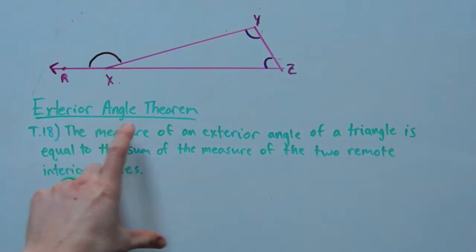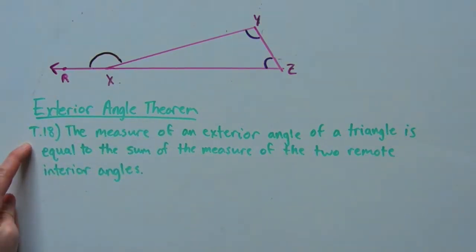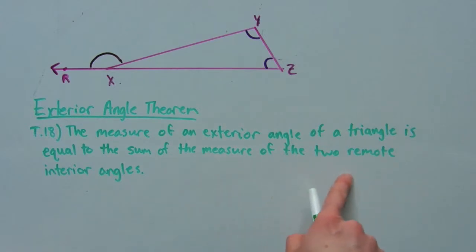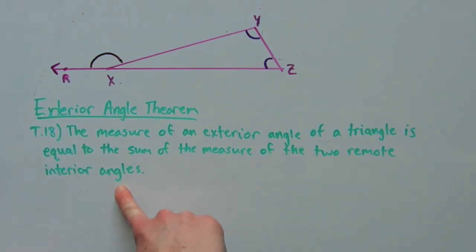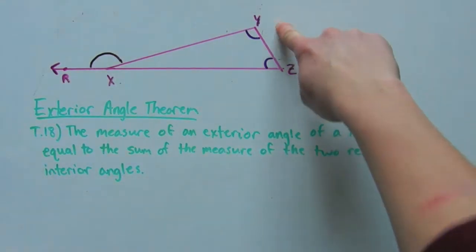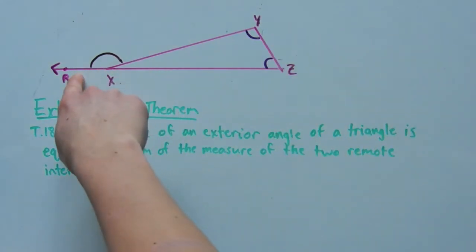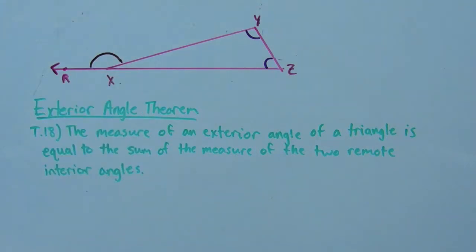The exterior angle theorem, T18, says the measure of an exterior angle of a triangle is equal to the sum of the measures of the two remote interior angles. So that's saying that angle Y plus angle Z is equal to the angle YXR, the exterior angle.